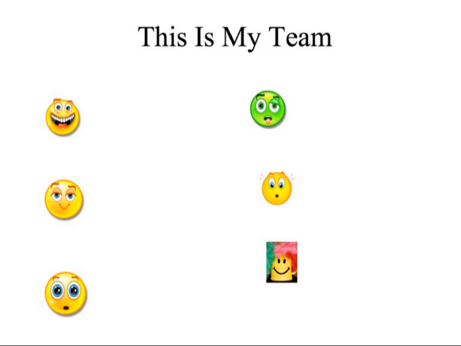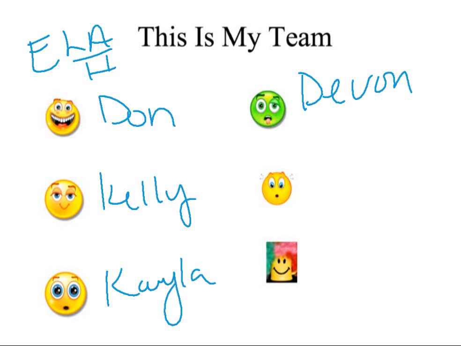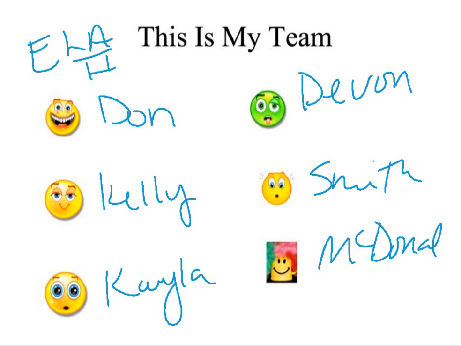So, this is my team, ELA 2. We have Donovan, we have Kelly, we have Kayla, we have Devon, we have Smith, and we have McDonough. This may be group 1, and this is group 2.